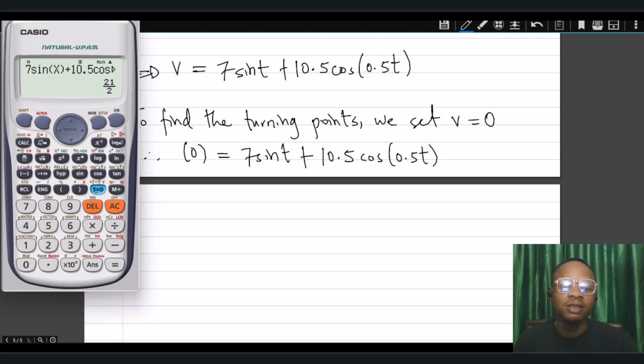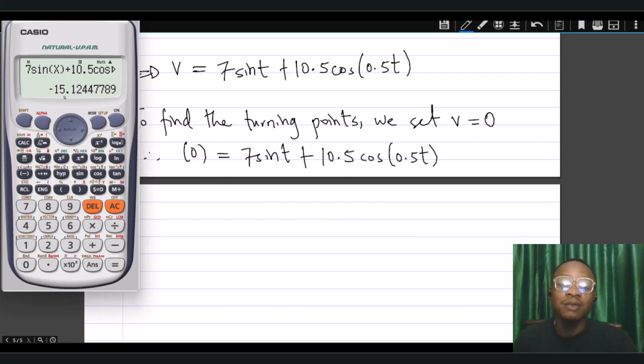It gives us 10.5, which is 21 over 2, of course, which is the initial velocity that we have up there. And when t equal to 5, let's calculate what happens. This has gone to minus 15. So definitely it will become 0 somewhere in between t equal to 0 and t equal to 5.